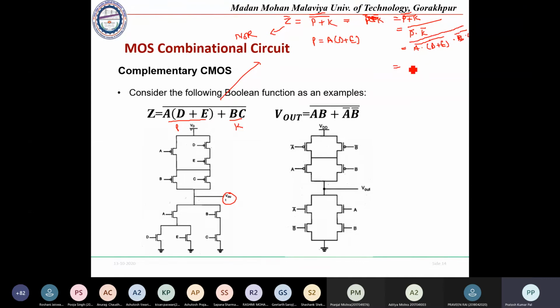Okay, this is one. So once we break it, it will be plus D plus E to the bar. Okay. It will be D bar plus C bar.